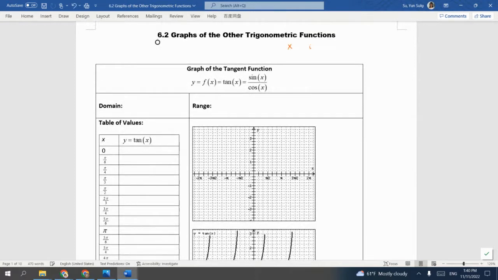If x is 0, pi over 6, pi over 4, pi over 3, pi over 2, what is your sine? 0, and then 1 half, and then root 2 over 2, and then root 3 over 2, and then 1, right? Please make sure you can remember those values. Every day we're learning something new. Cosine, same numbers, reverse order.